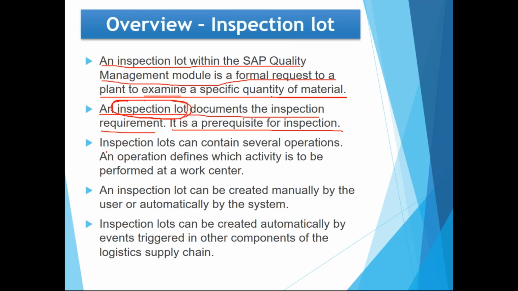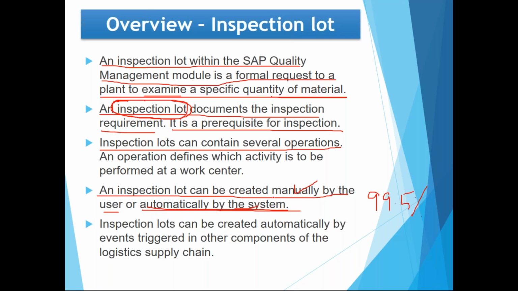Now, inspection lots can contain several operations. I will show you this in the system. An inspection lot can be created manually by the user or automatically by the system. So normally there are two methods to generate a lot, either manual or automatic. But in real time, 99.95% of the lots will get generated automatically.